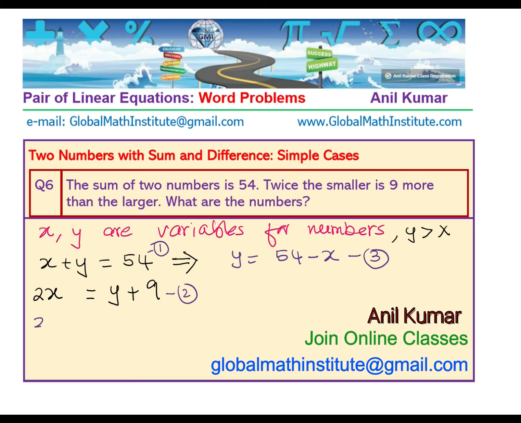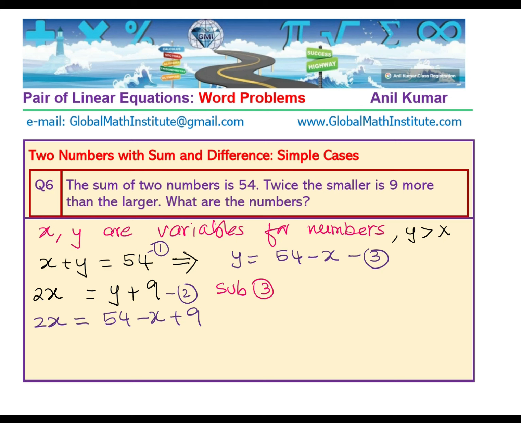So we get 2x equals the y value of 54 minus x, plus 9. Is that clear to you? So what we did here, we substituted 3 in 2. So there are different ways of solving simultaneous equations, that is, a pair of linear equations.